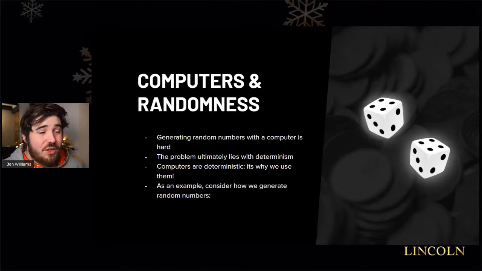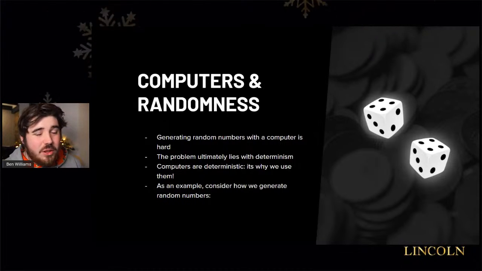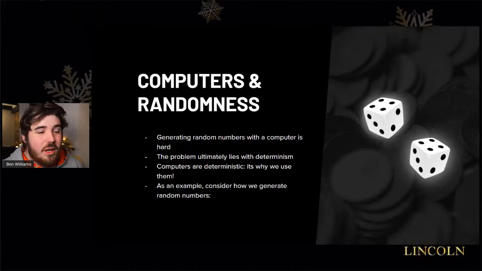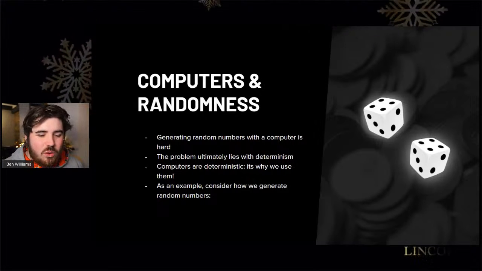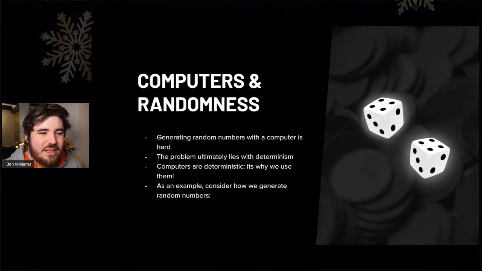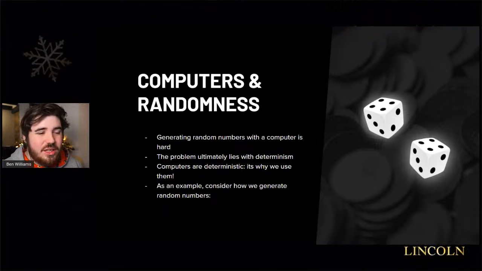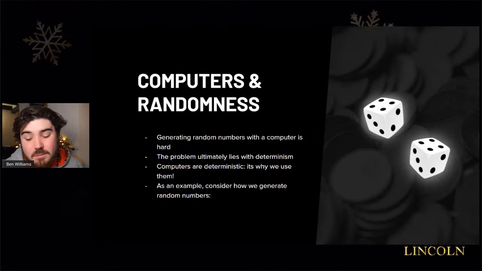Computers are very good at repeatable results. So if you put in a certain input, you will always get out a certain output. But with randomness, we're asking for something that isn't deterministic. It's undeterministic. So how do we get these deterministic machines, things like computers, to generate undeterministic things for us? It's quite a hard problem.